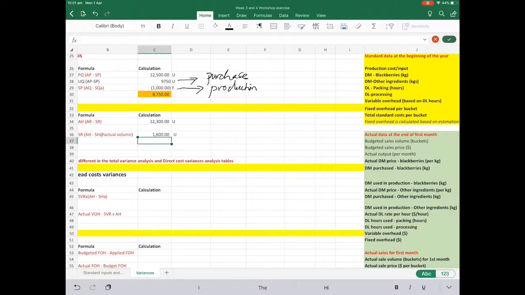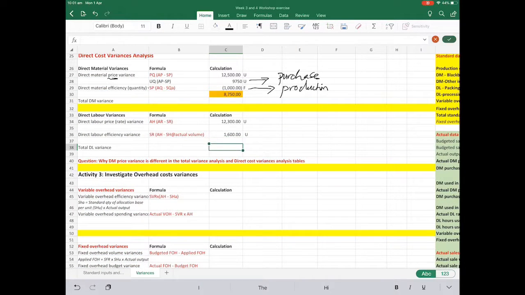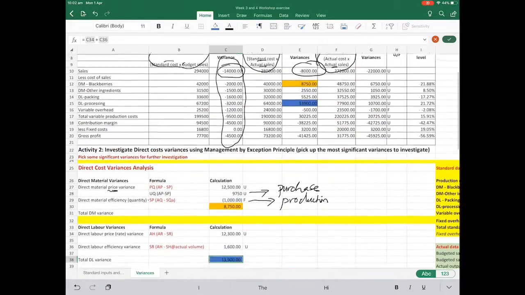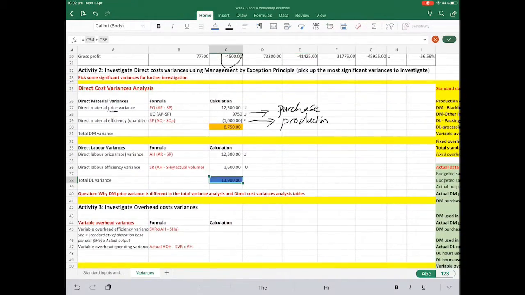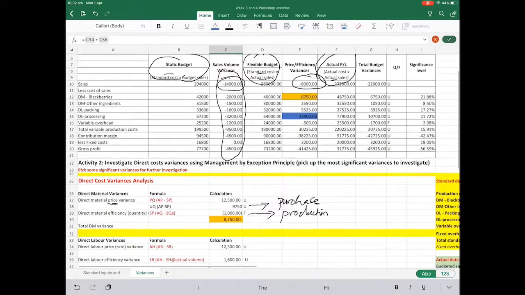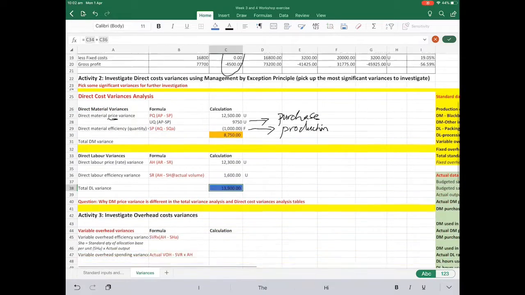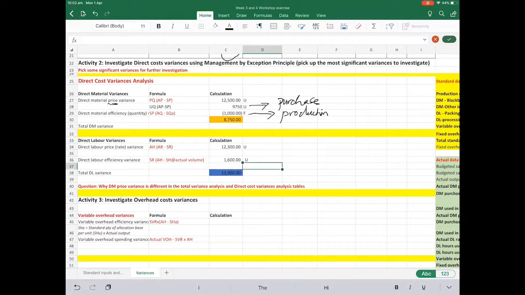And now you can add this figure together. And then you see this figure is the same as this figure. All right, so that is how you can check whether you got it right or not. You add the two together, you have to get this price and efficiency variance.